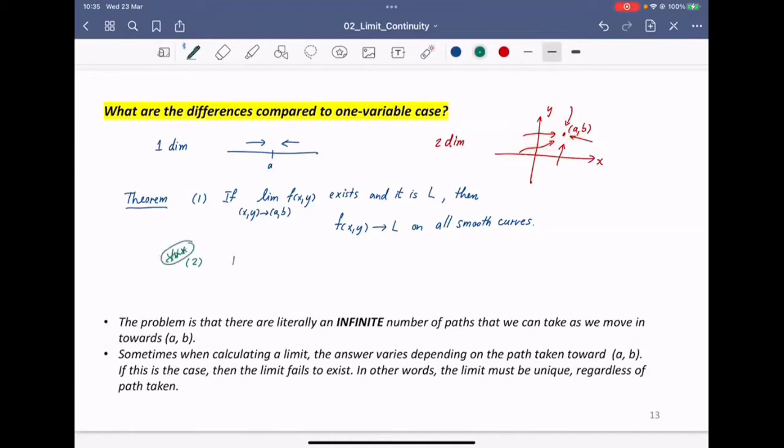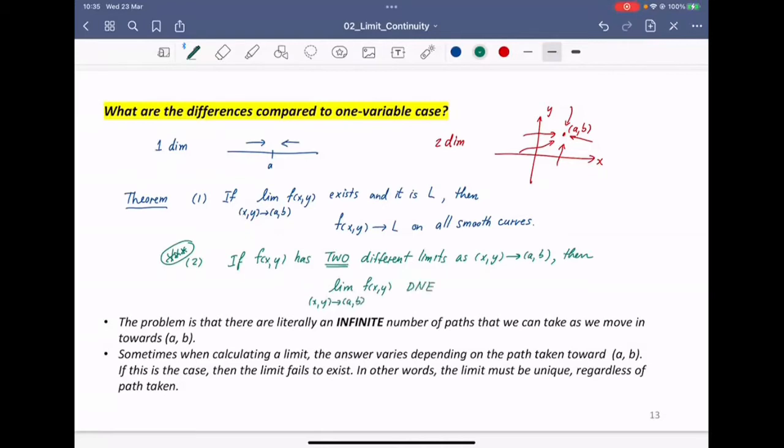If f(x,y) has two different limits as (x,y) goes to (a,b), if you can find two smooth curves that give you two different limits, then the limit as (x,y) goes to (a,b) does not exist.